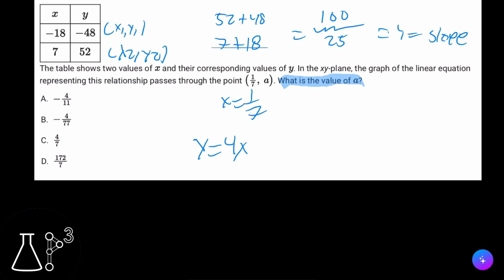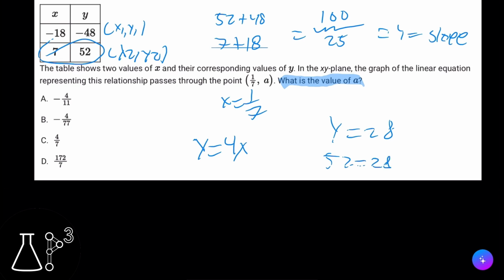Well, let me use the information given to figure out my y-intercept. If I plug in 7 for x, I'm going to get 4 times 7, which is 28. In this case, when x equals 7, y equals 52. So I can do 52 equals 28 plus b, where b is my y-intercept.